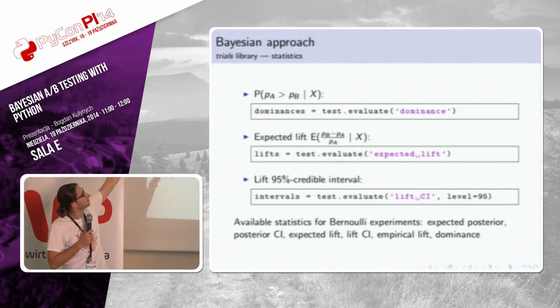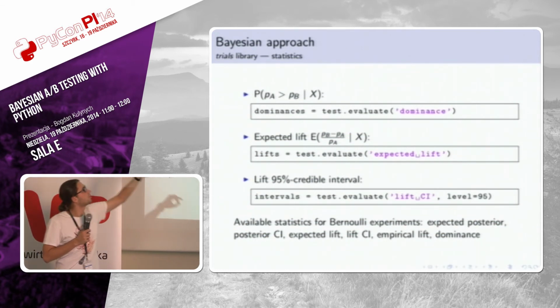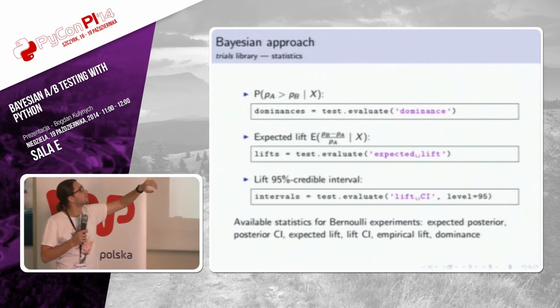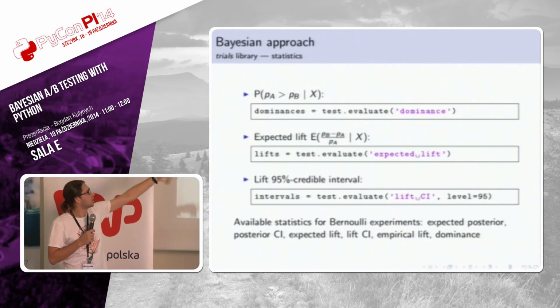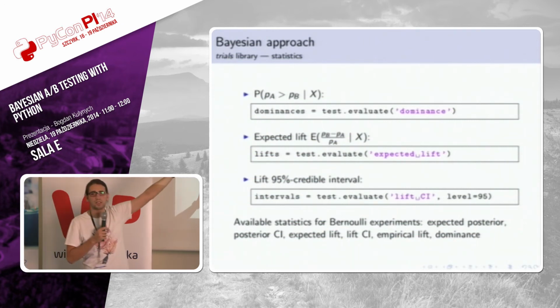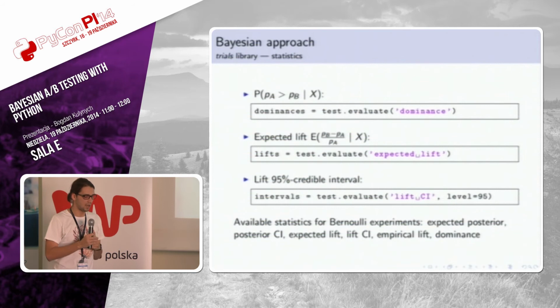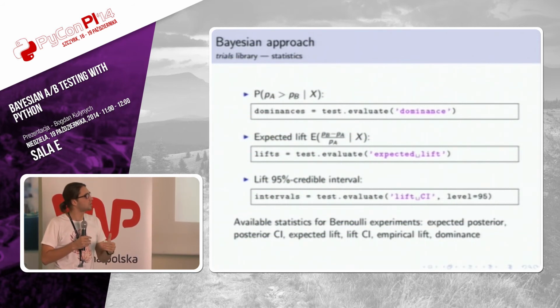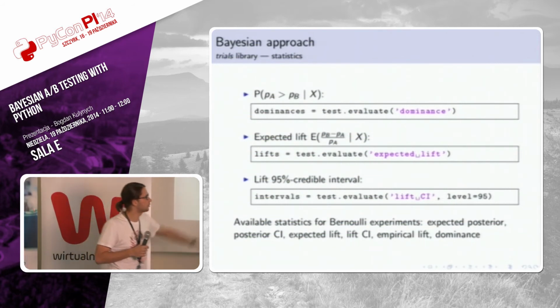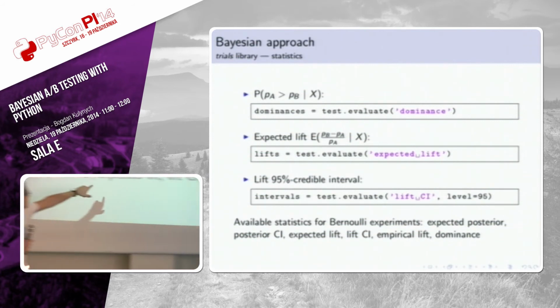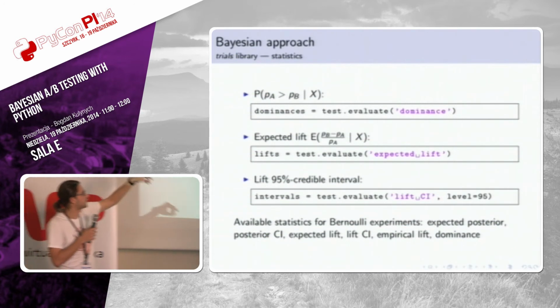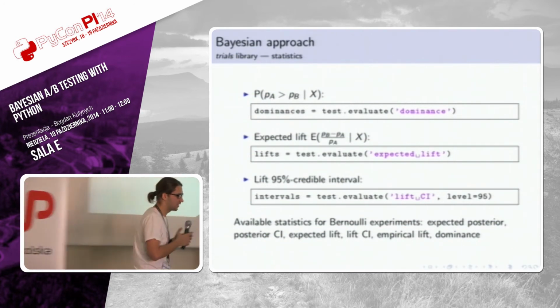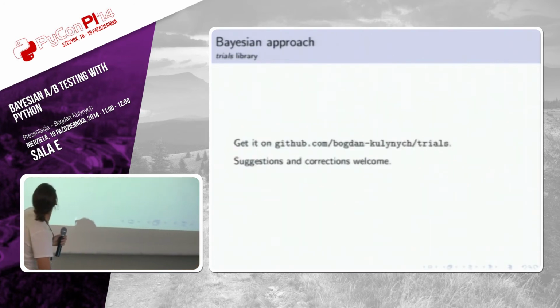So the dominance is the probability that the sign-up rate for one variation is better than another variation. Credible intervals for each variation. Expected lift. What is lift? Lift is how much one variation is better than another. So you have a lot of them in this library. You have expected lift, credible interval, empirical lift, dominance, expected posterior credible interval. That's it.